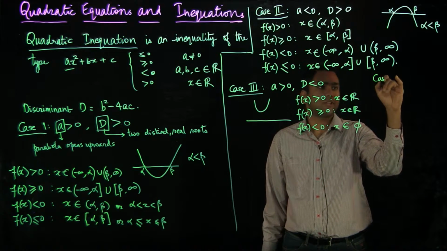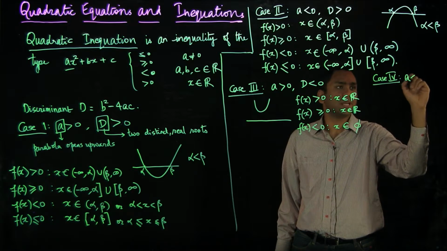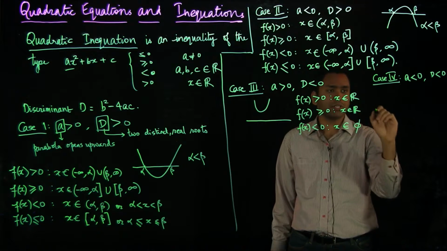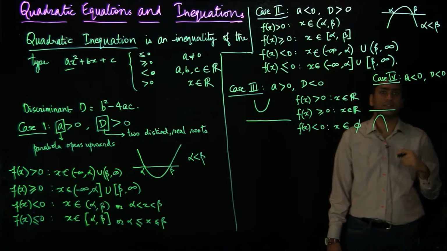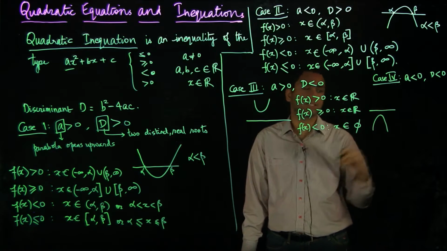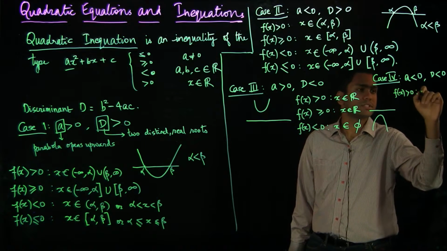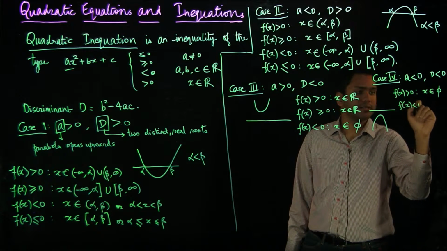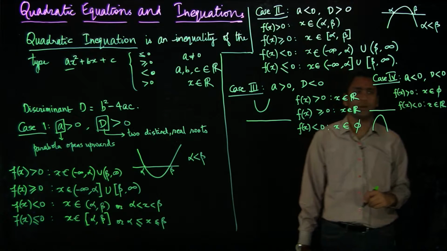And let's, for completion, also write case 4 here, which is when A is less than 0 and D is also less than 0. So in this case, the parabola opens downwards, so the f(x) is always negative for any given value of real x. So f(x) greater than 0 will be the null set, and f(x) less than 0 could be any possible real number on the number line.